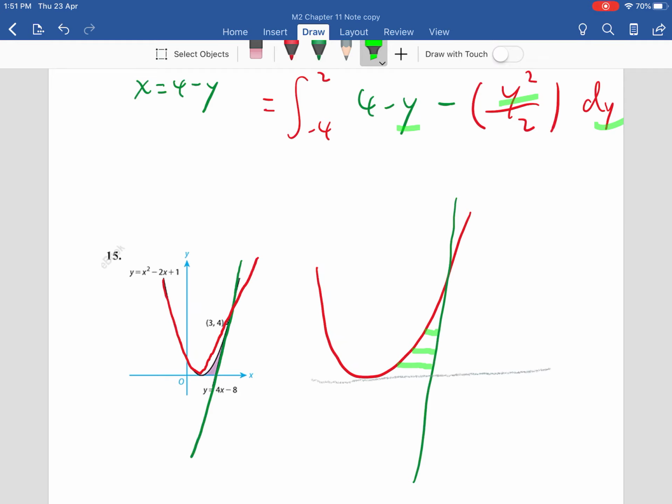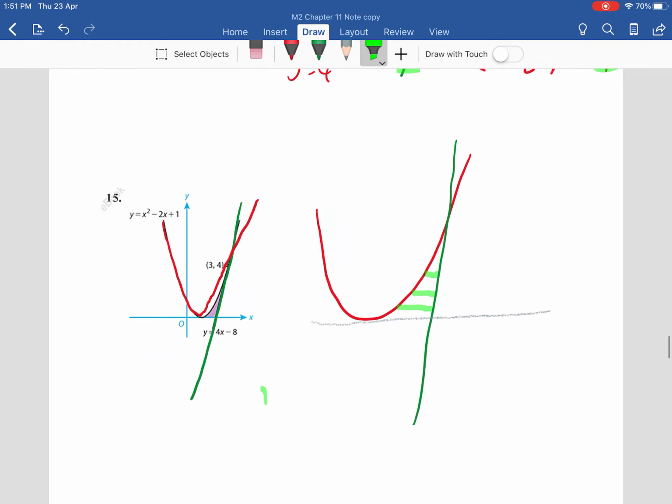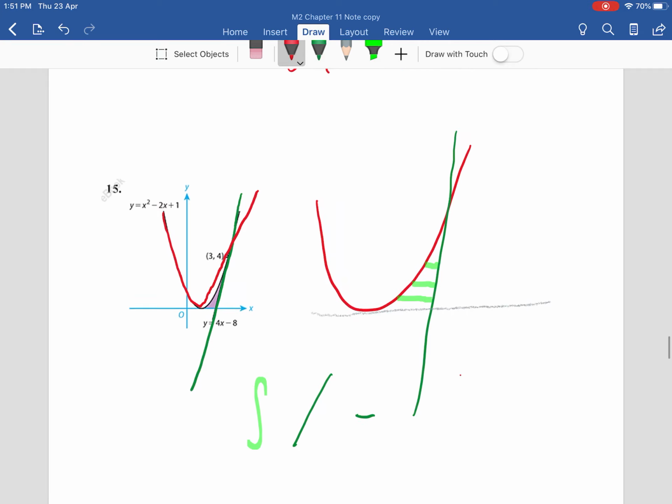Then every time it is the green one, integrating horizontally, minus the red one, with dy. So this is something with x, so you try to make x the subject.